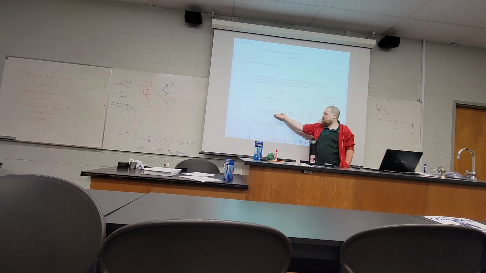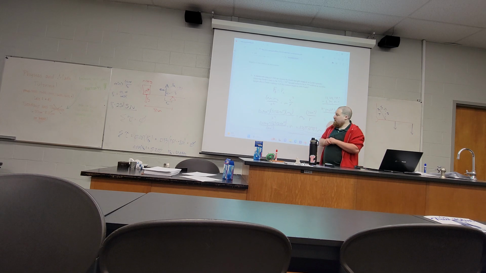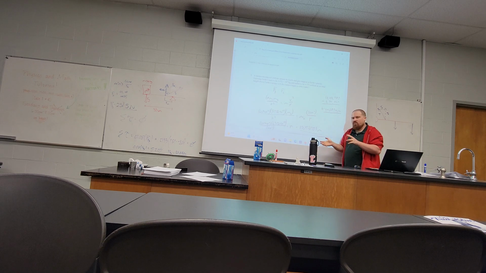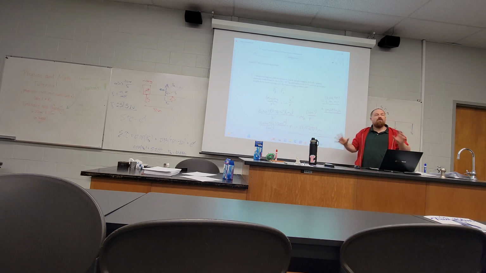I wrote it correctly here, but one line down, I accidentally wrote a 6 instead of a 5. There's no good reason for that. I just messed up. And what that means for you guys is you should write the 5. The 6 is a mistake. And my answers here are just too big.